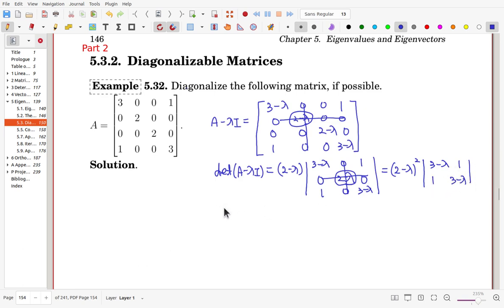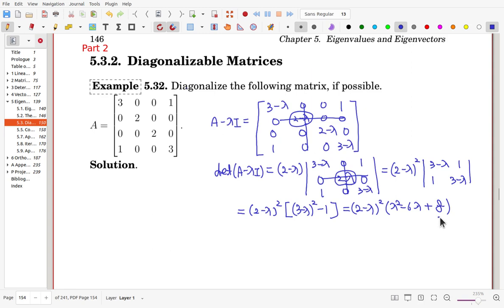So that is 2 minus lambda squared times the quantity 3 minus lambda squared minus 1, which is lambda squared minus 6 lambda plus 9 minus 1, so plus 8.